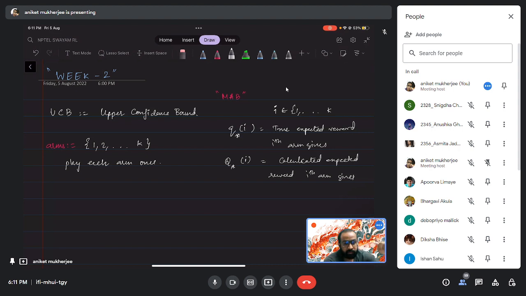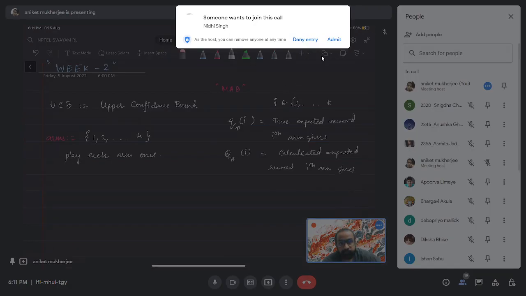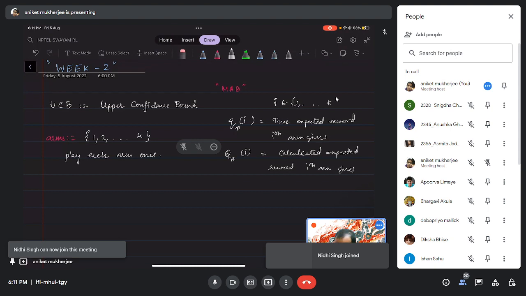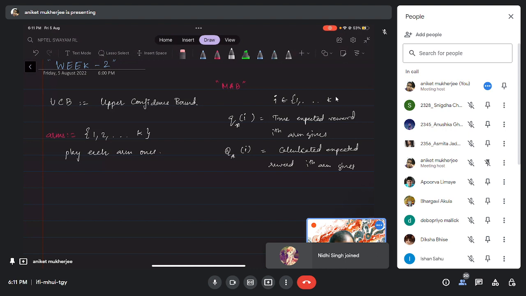Small q is the true value which you don't know. Capital Q is what you estimate as you go on with your experiment, sampling each arm, the expected reward that an arm gives. That is capital Q star i. So play each arm once, and after playing each arm once you have an estimate Q star i for each of the expected rewards.